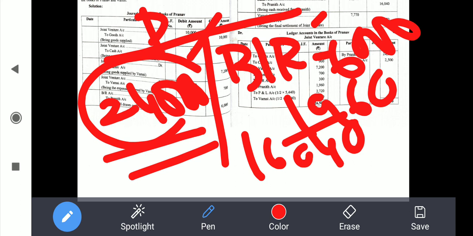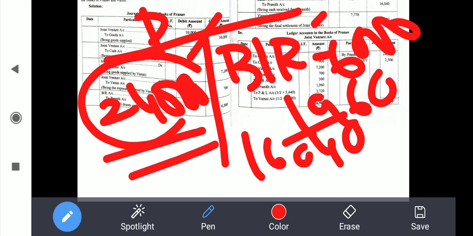Regarding Vamshi account, you just have to write Pranav account instead of goods and cash, and instead of Vamshi we have to use goods and cash. Then the remaining is the same. In the books of Vamshi, there is no need to write the Vamshi name in the joint venture account.